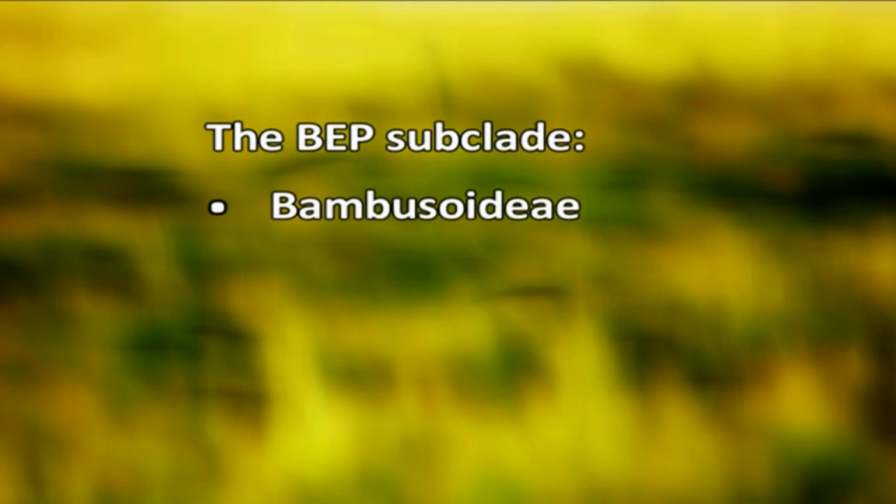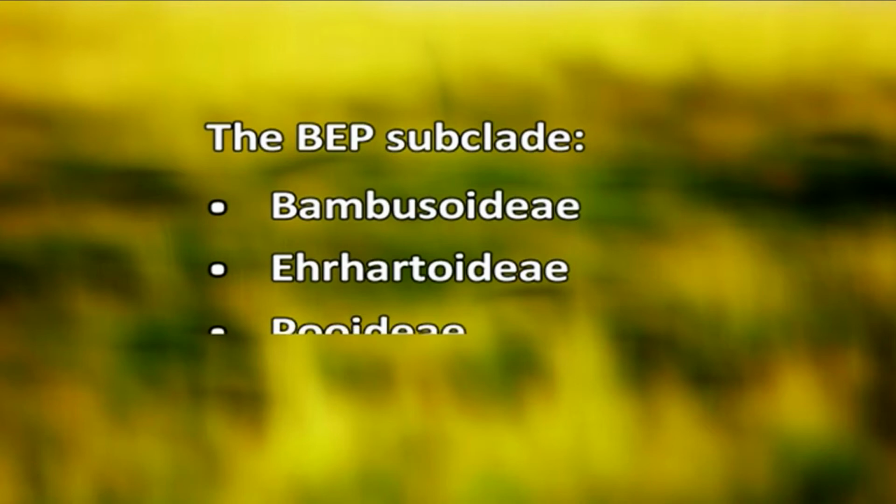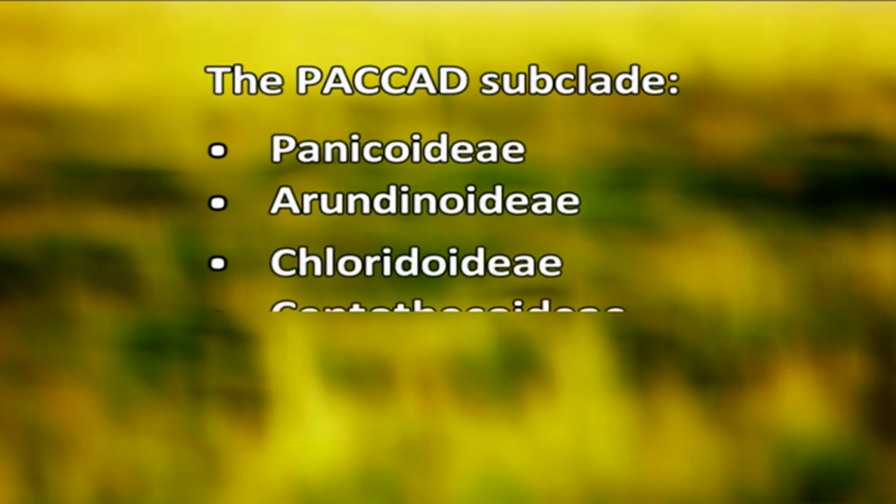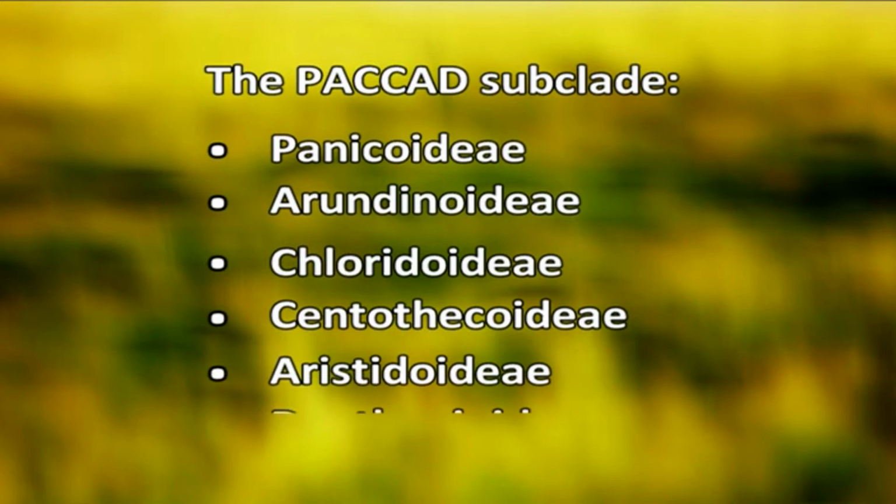Here, the B stands for Bambusoideae, E stands for Ehrhartoideae, and P stands for Pooideae. Then it is followed by a subclade called PACMAD. P stands here for Panicoideae, A for Arundinoideae, C for Chloridoideae, again C for Centothecoideae, A for Aristidoideae, and D lastly for Danthonioideae.